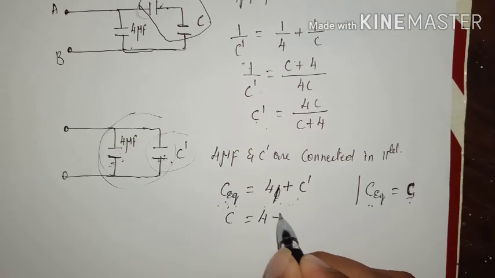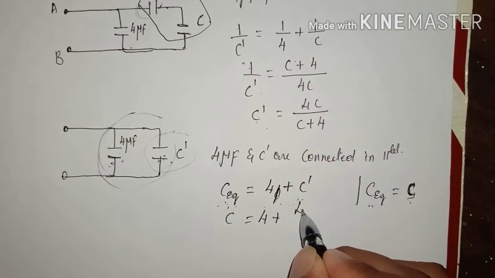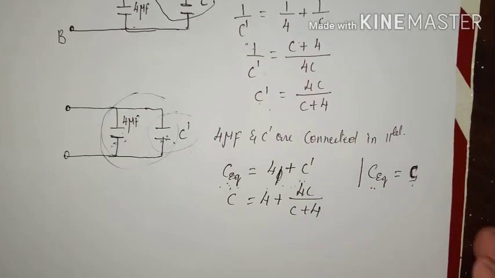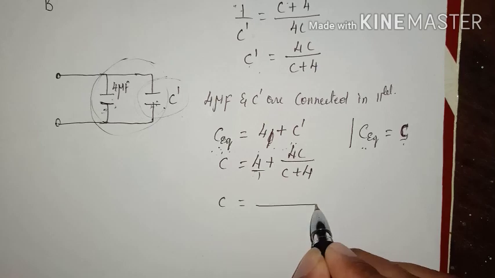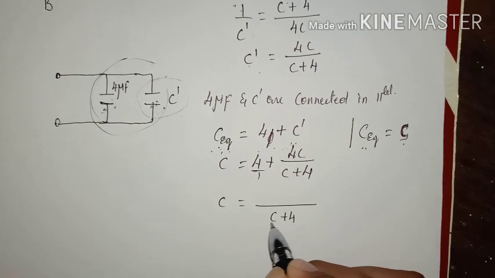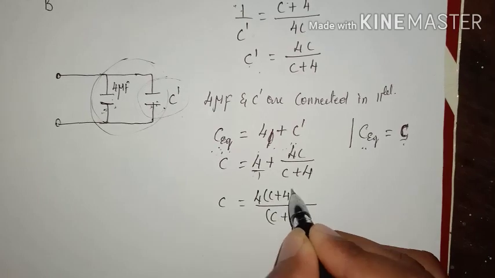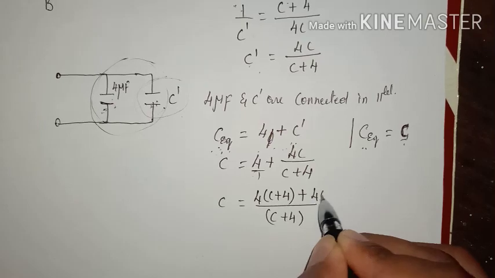Then 4 plus C dash, where the value of C dash is 4C divided by C plus 4. Now you can take LCM. C you just write as it is. C plus 4 is the LCM. So 4 into C plus 4 plus this 4C, the 4 will get cancelled, remaining 4C.